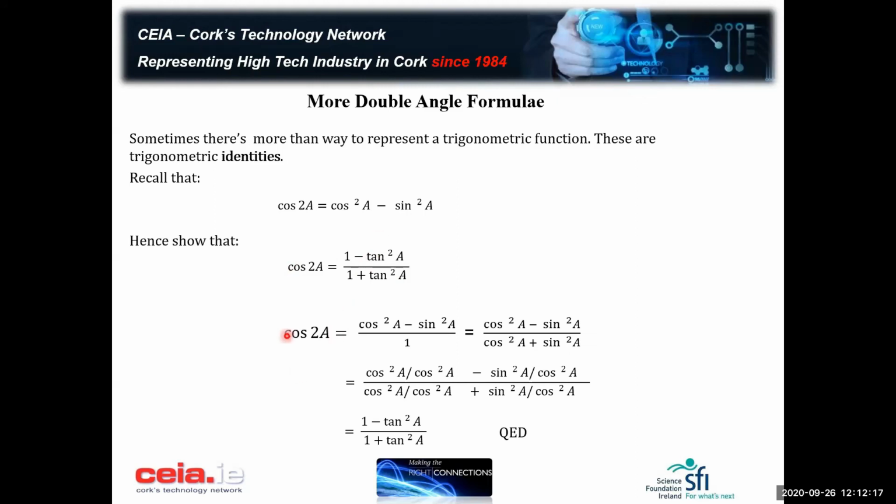So the way you do it, as usual, there may be more than one way. There often is in these. But the simplest way in this case is to take the original identity, and you can see that you want to get to an equation or a term involving tans.